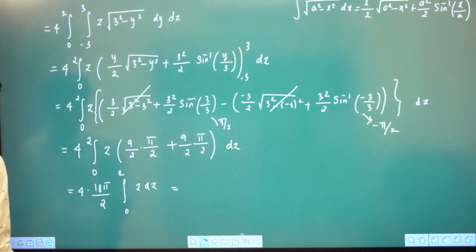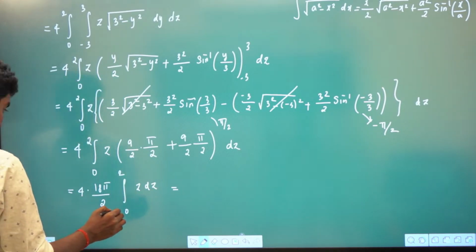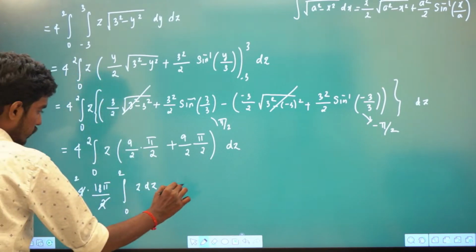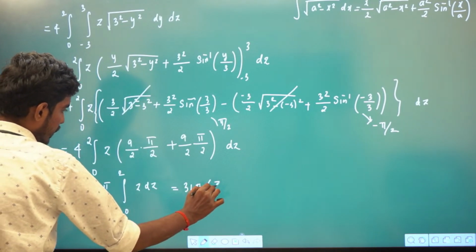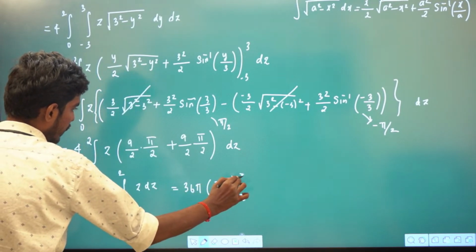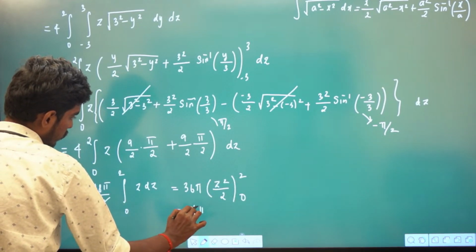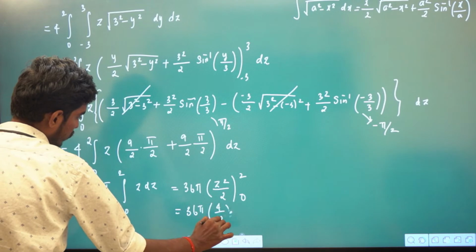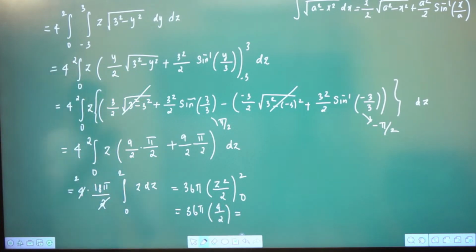So 36 pi, z dz is z square by 2, z varies from 0 to 2. 2 square is 4.